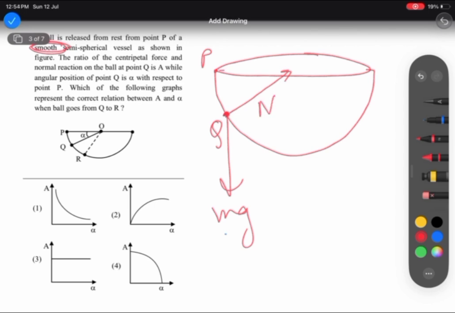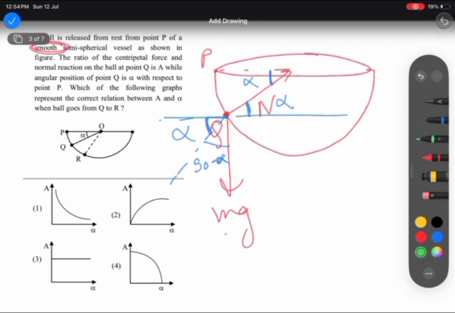Now in the question, it's mentioned that this angle is alpha. If this is alpha, then this will also be alpha according to alternate interior angles. Now this will also be alpha according to vertically opposite angles. Now since this is 90 degrees, this will be 90 minus alpha. Now we will take two components of mg.